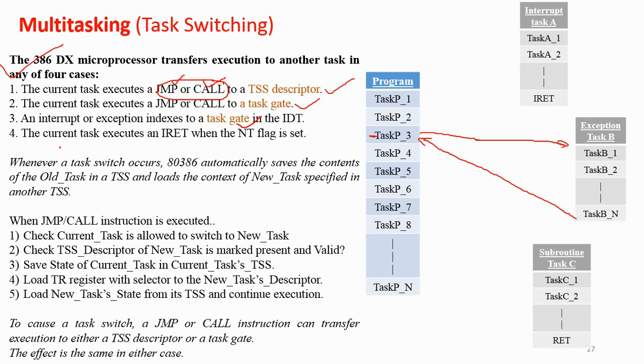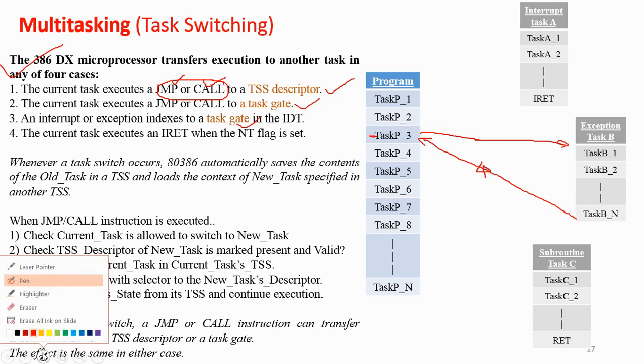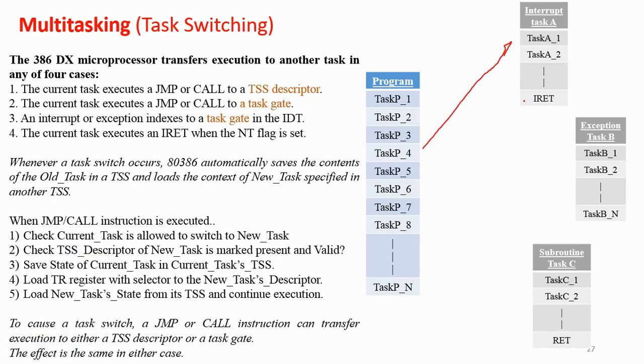So the fourth scenario is applicable over here also, the execution of IRET. If this task executes IRET, the switching also happens. So those are the four scenarios.